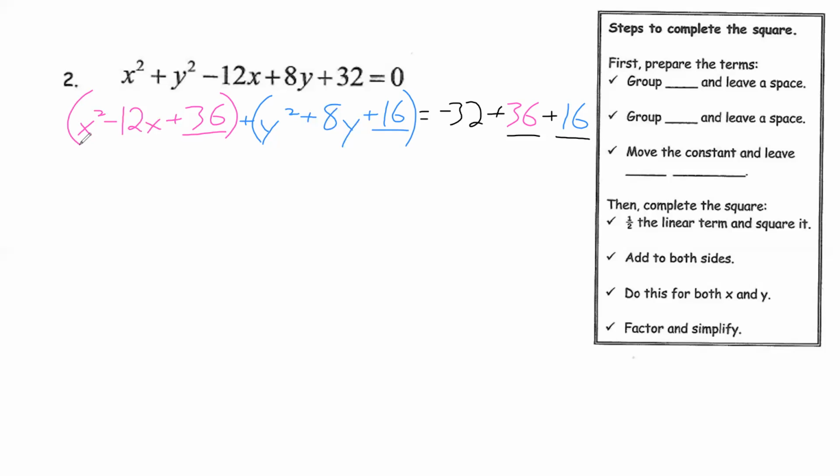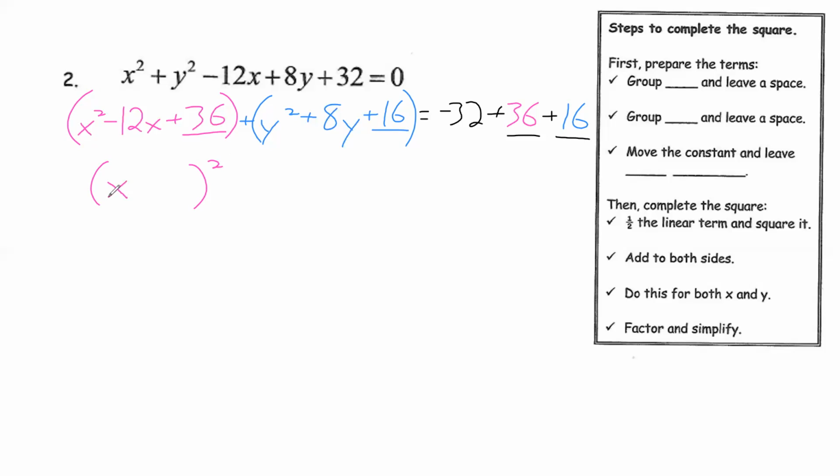Now we have our trinomials, we can factor them. So what numbers am I going to be able to pull out of here to get a binomial now? I take the first term and we take the square root. What's the square root of x squared?